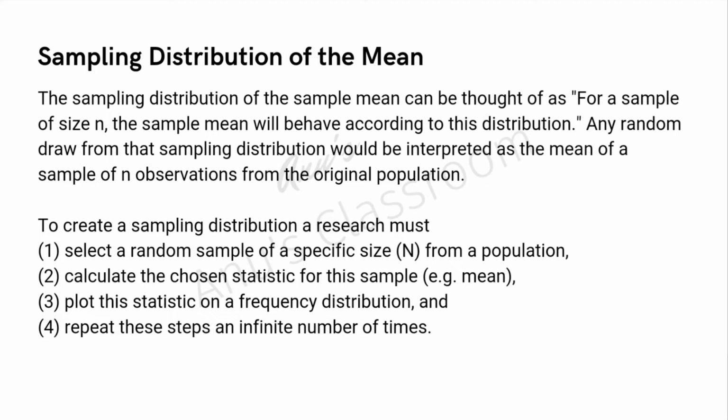Now, to create a sampling distribution, a researcher must first select a random sample of a specific size n from the population, calculate the chosen statistic for the sample, plot the statistic on a frequency distribution, and then repeat these steps an infinite number of times to create the sampling distribution of the mean.